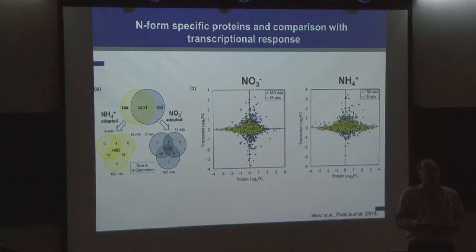Because transcripts may change, but the proteins may be very stable, and they don't change at all. So we have to look at the proteome and see whether the proteins are also stable or whether they are quickly degraded when we have no ammonium or no nitrate outside.